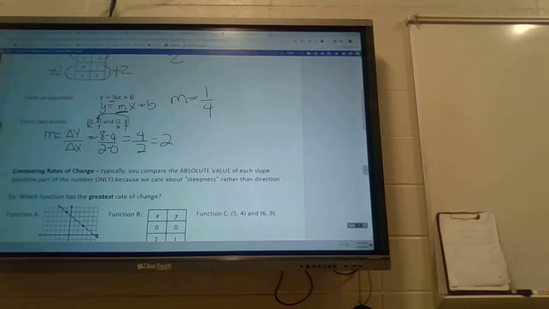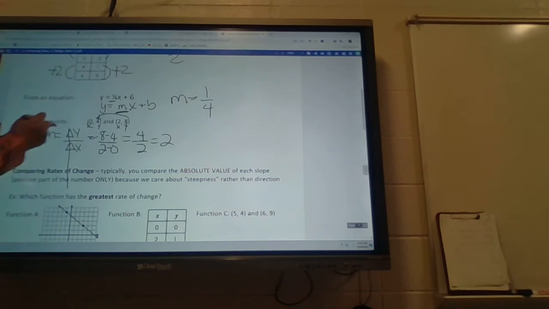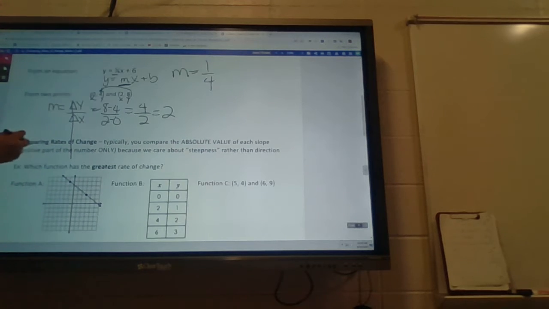Now we're going to use that knowledge to, okay, we're going to use that to find the slope and compare rates of change.